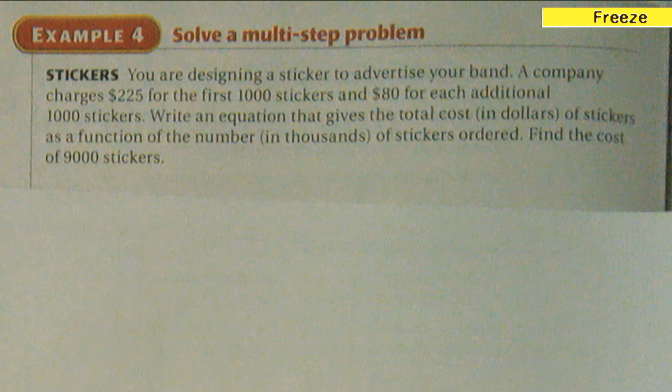If I have 2,000 stickers, that means my X is a 2, not a 2,000, because if you look, it says total cost is a function of the number of stickers in thousands. All right, so your X is going to be the number of stickers in thousands. So 1 means 1,000, 2 means 2,000. Do you guys understand? Okay.